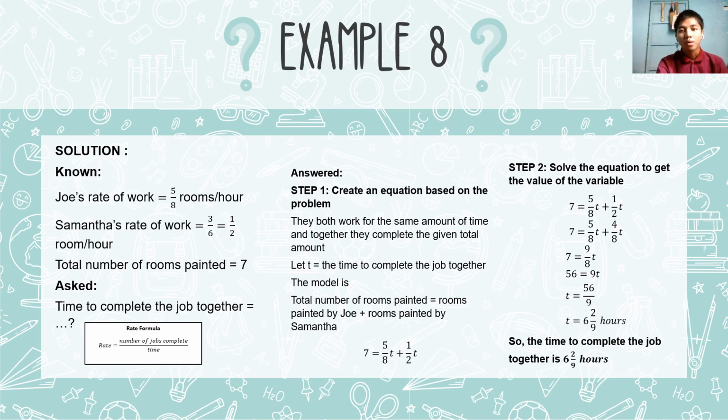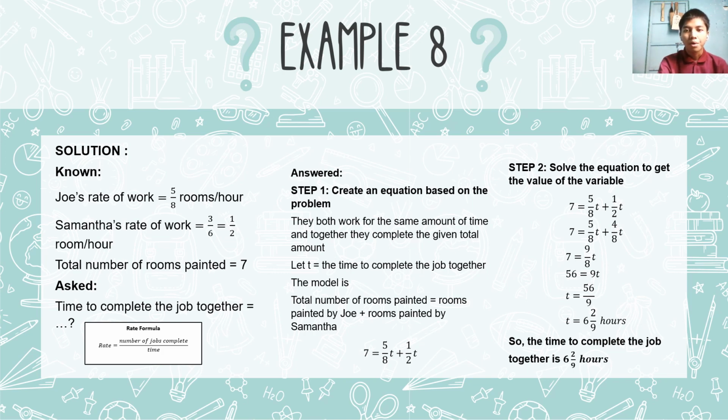Step 2. Solve the equation to get the value of the variable. 7 equals 5T plus 1/2 T. 7 equals 5T plus 1/2 T, which gives 7 equals 9/2 T. Multiply both sides of the equation by 2.